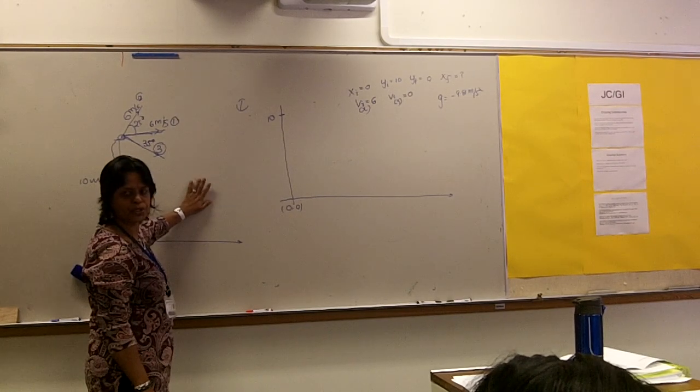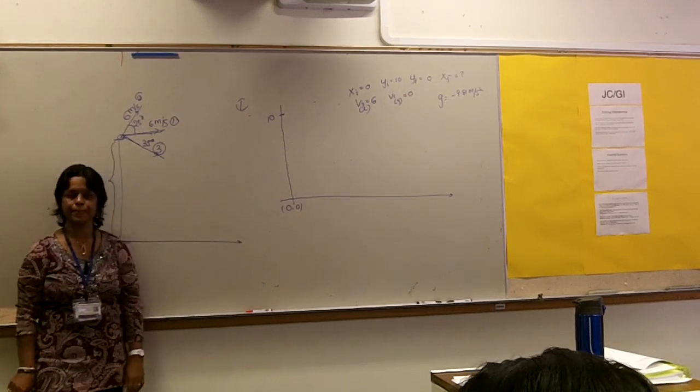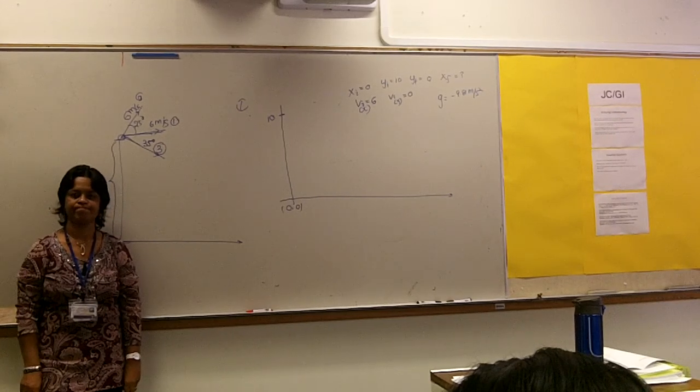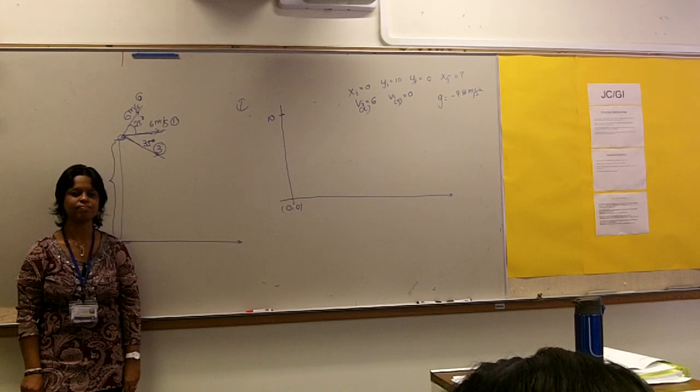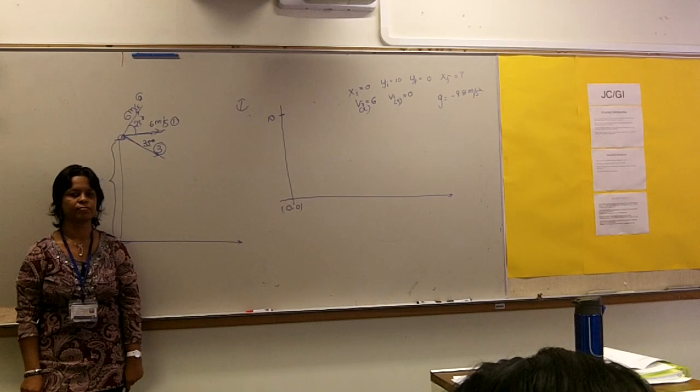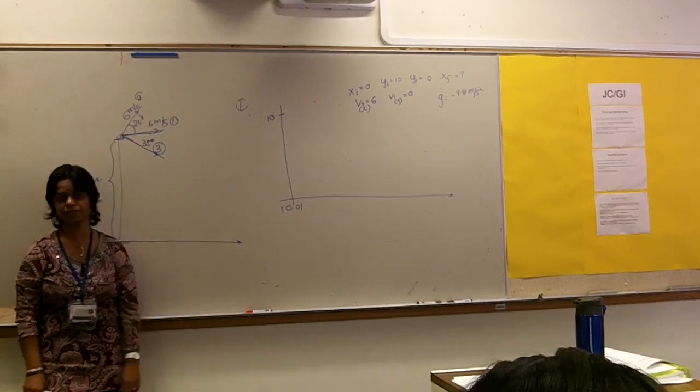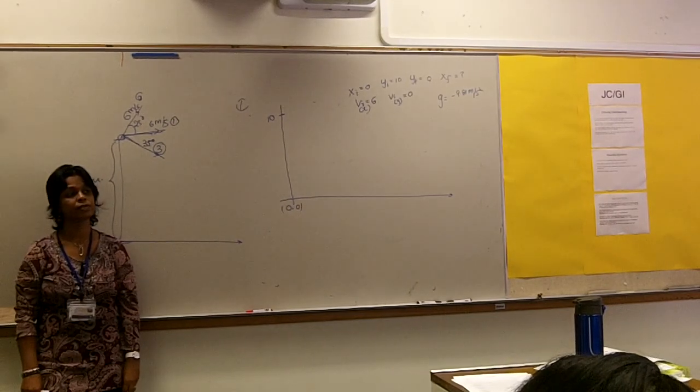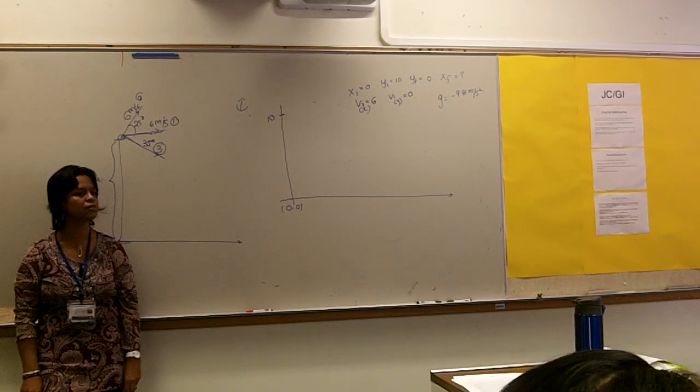Vx squared equals Vi squared, but we don't know the final velocity. Which equation would you pick?